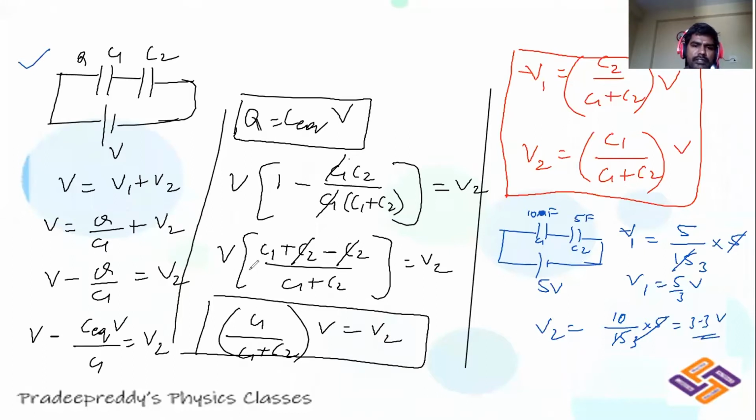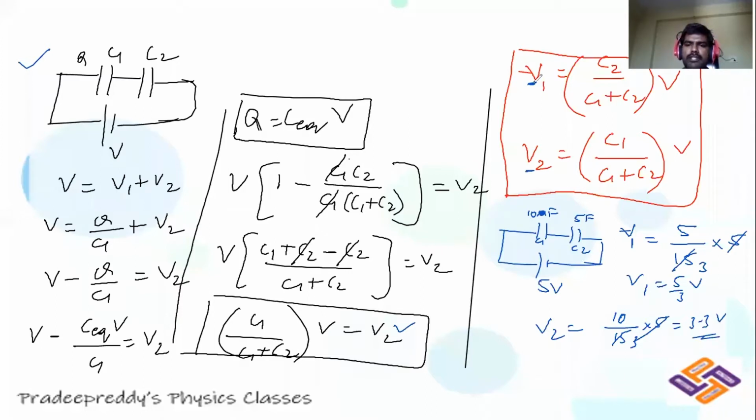You can go through this derivation, you can take a screenshot of this. Those students who have joined lately in this video session, you can go through this derivation, and finally we arrive at the equation for V2: V2 is equal to C1 divided by C1 plus C2 into V. Taking this into consideration, I can write the equations for potential dropped across the first capacitor and the second capacitor.